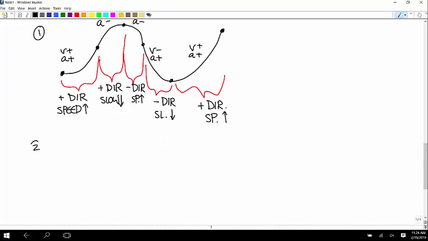Okay, and then number 2, it says that velocity as a function of time is equal to negative t cubed. And when time is equal to 0, the position is equal to 3 meters.